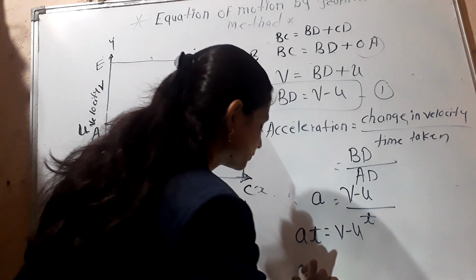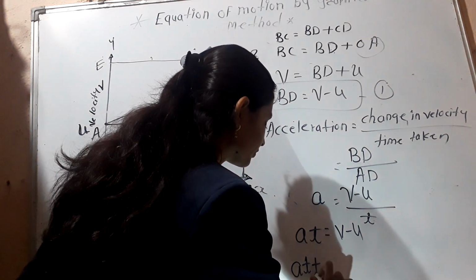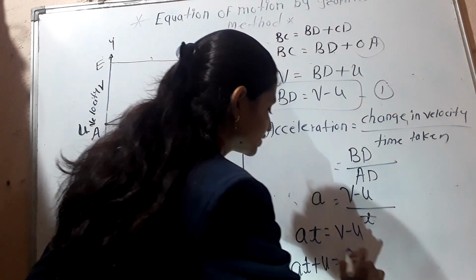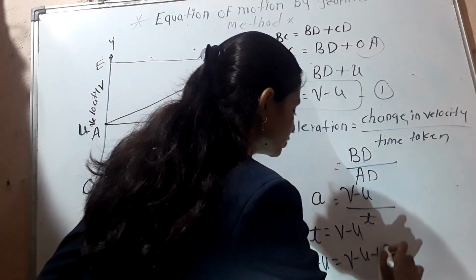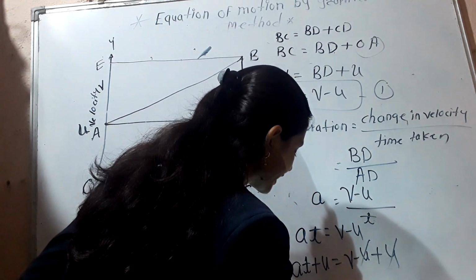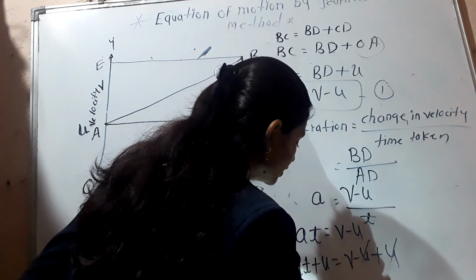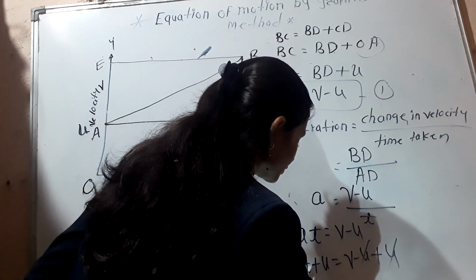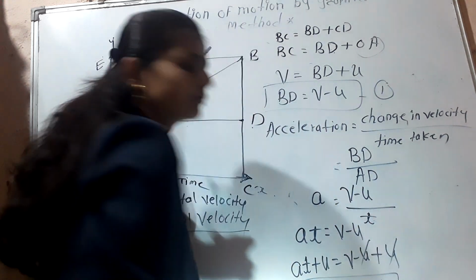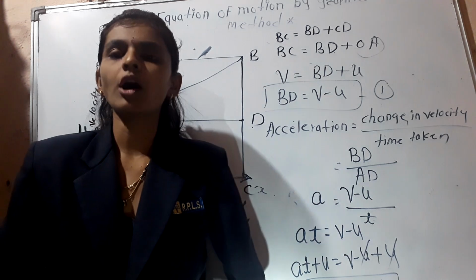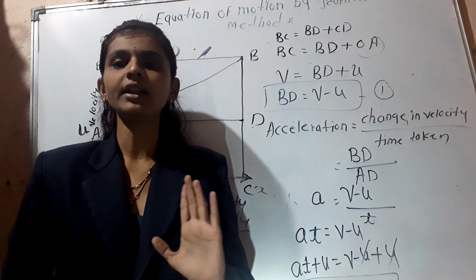So add U: AT plus U, V minus U plus U get cancelled. So we have the formula V is equal to U plus AT. So this is the first formula of motion by using the graphical method.